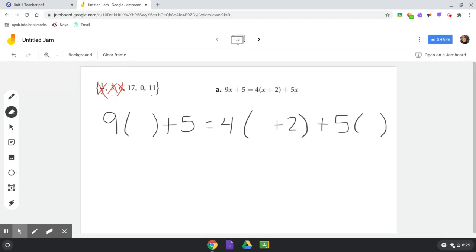All right, let's go to 17. If I substitute in 17 for x into all of these values, I've got 9 times 17. 9 times 17 is 153. Plus 5 equals 4 times 17 plus 2, which is 19, plus 5 times 17. 5 times 17 is 85.